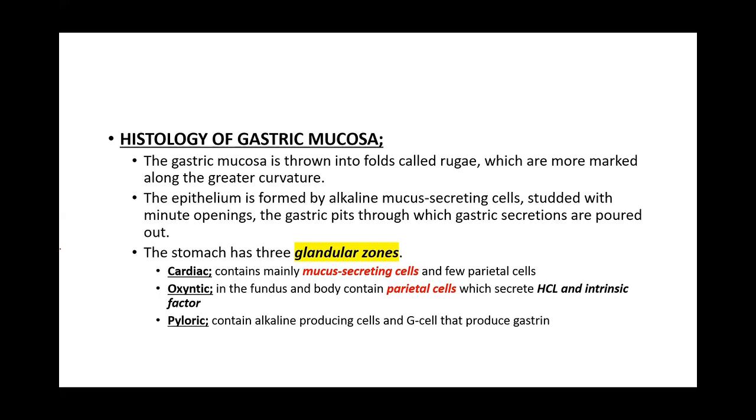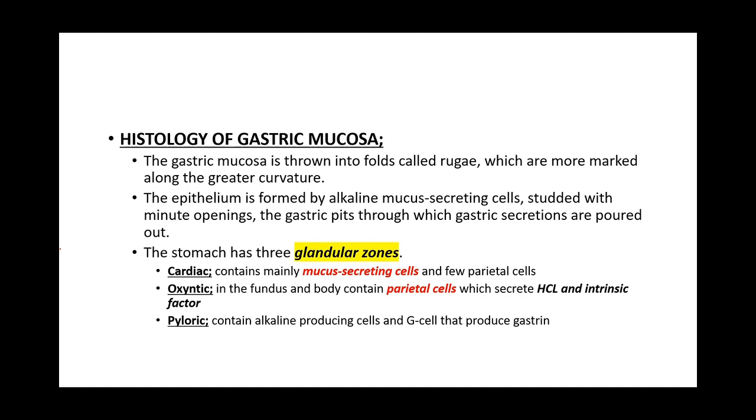Now, you should know that the stomach is made up of 3 glandular zones: the cardiac region, the oxyntic region, and the pyloric region. Those glands located predominantly in the cardiac region contain mainly mucus secreting cells and few parietal cells.